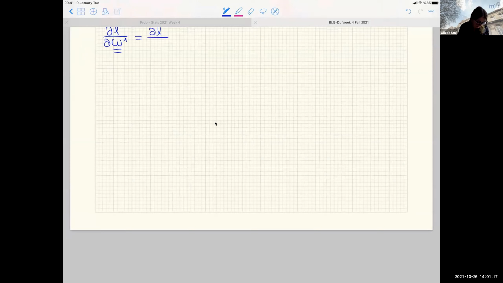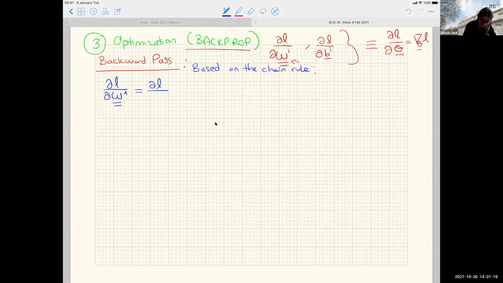Sure. So I can say, at this point, you remember we started with A0. The forward pass is calculation. A0 is the input, as A1, A2, right?